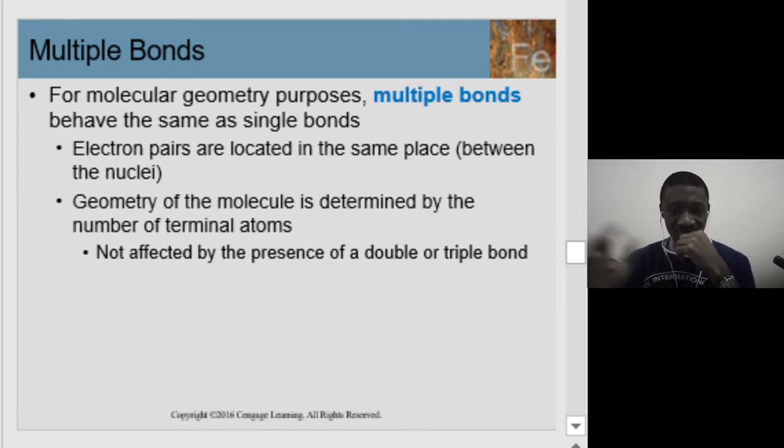The electron pairs are located in the same place between the nuclei, and the geometry of the molecule is determined by the number of terminal atoms, and not affected by the presence of double or triple bonds. So with all these multiple bonds and shapes, we try to keep it simple because it can make it more complicated. Hence, the idea is to just let the multiple bonds slide.